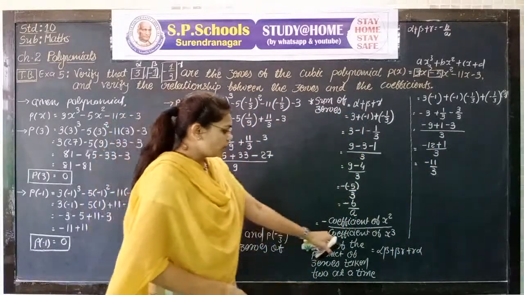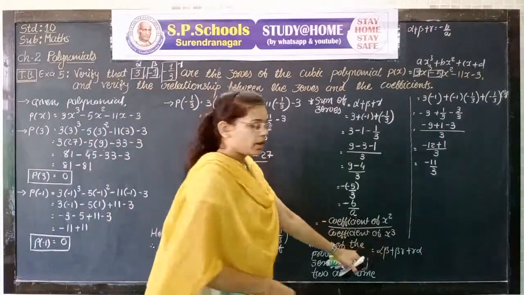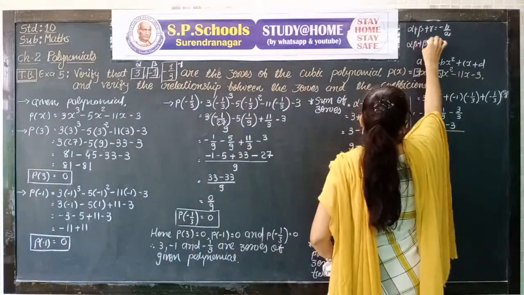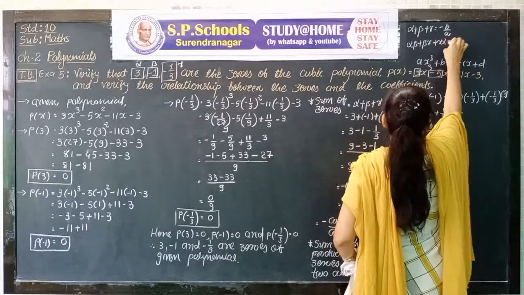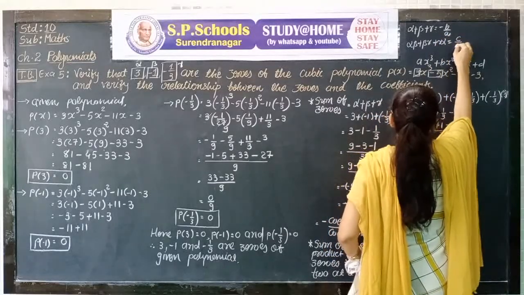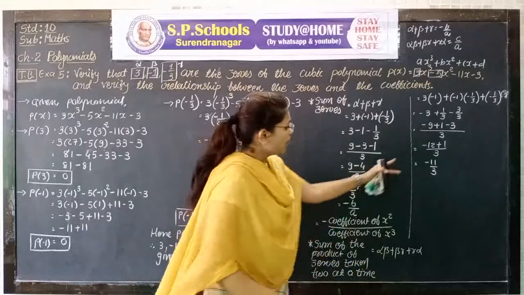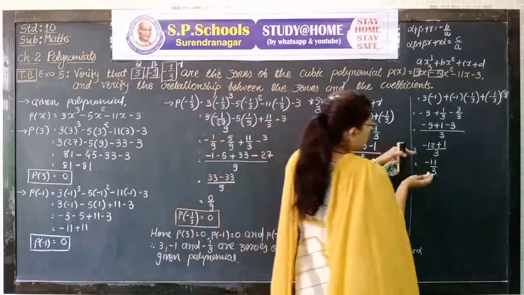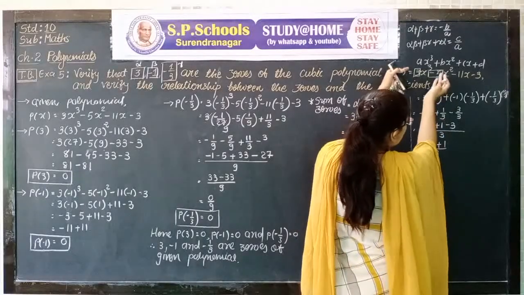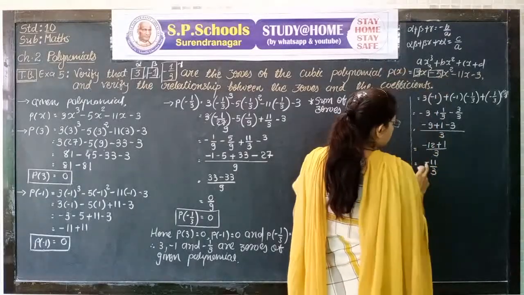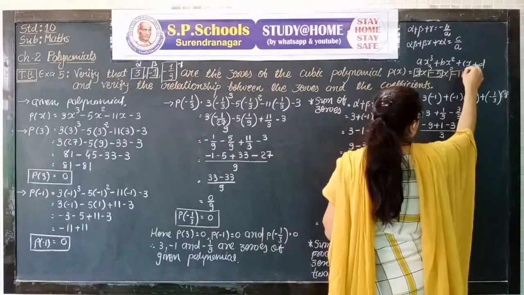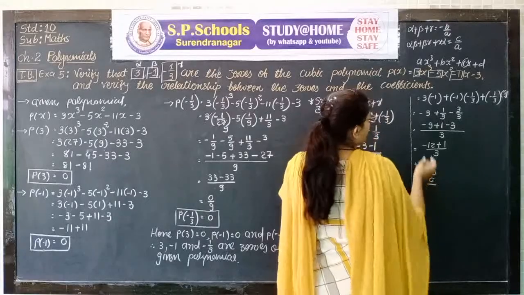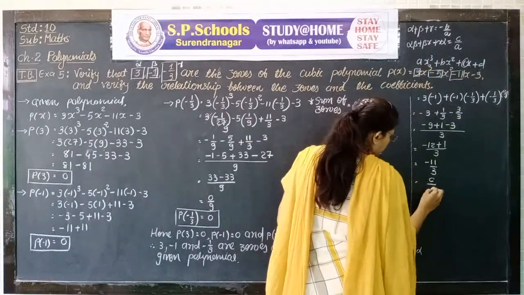Now we compare alpha beta plus beta gamma plus gamma alpha with the formula, which we know is c upon a. Minus 11 upon 3 represents c upon a. On comparing c upon a with the quadratic polynomial, minus 11 is c and 3 is again a.